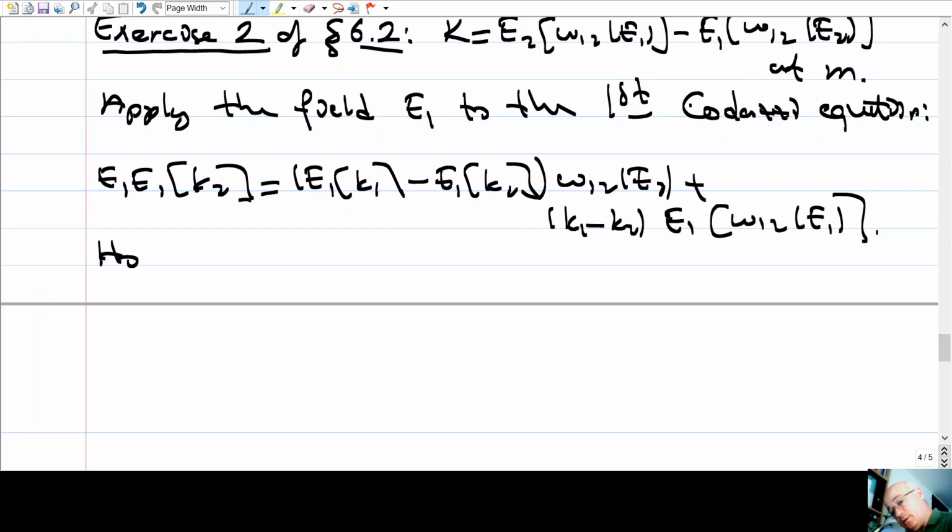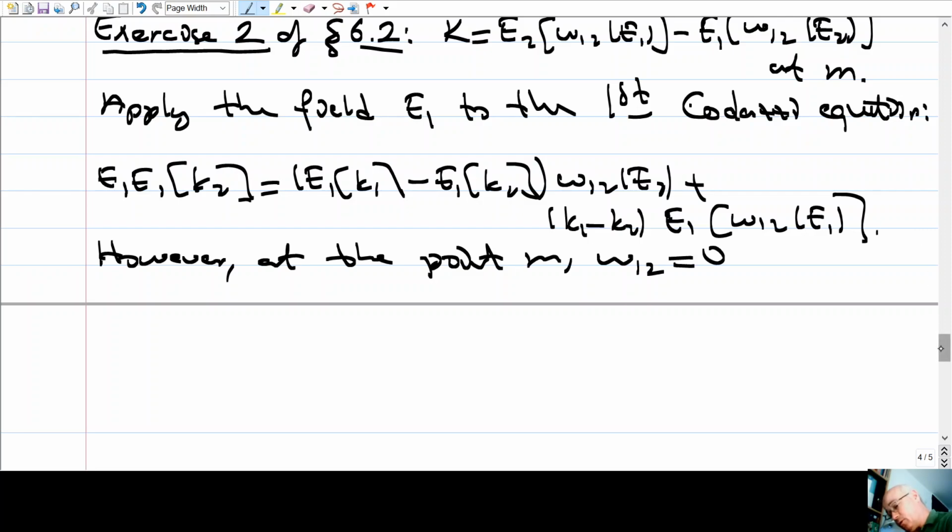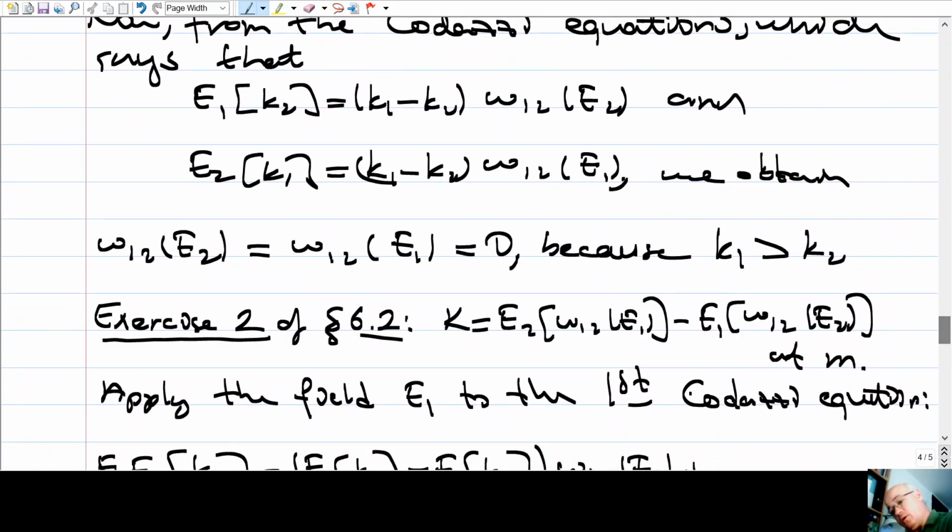However, at the point M, we had omega 1 2 was 0 because this one form is 0 on both vectors.